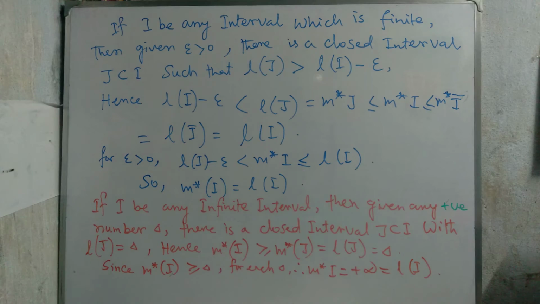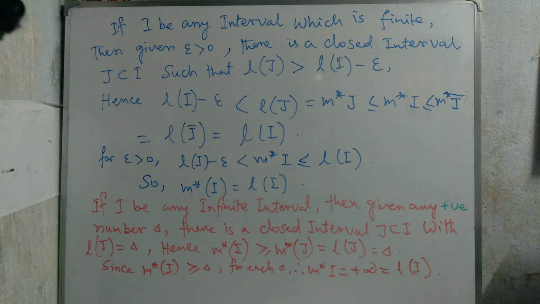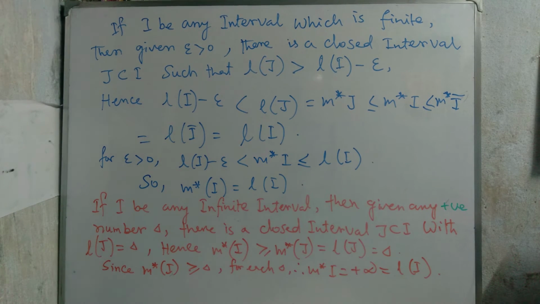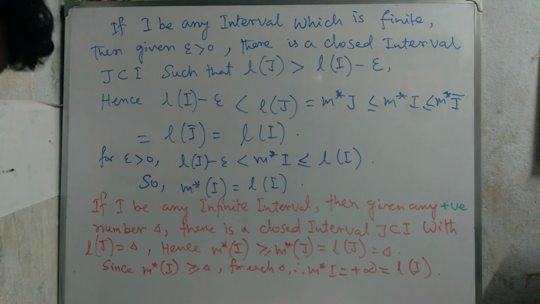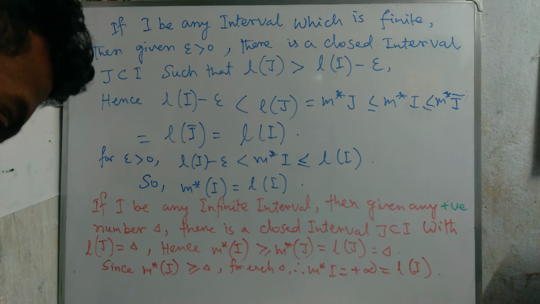Now we're going to write about some lemma. We also prove that the outer measure of an interval is equal to the length of this interval. How do we prove it? We first consider one closed interval, and then we see that the length of the closed interval equals the outer measure of it.